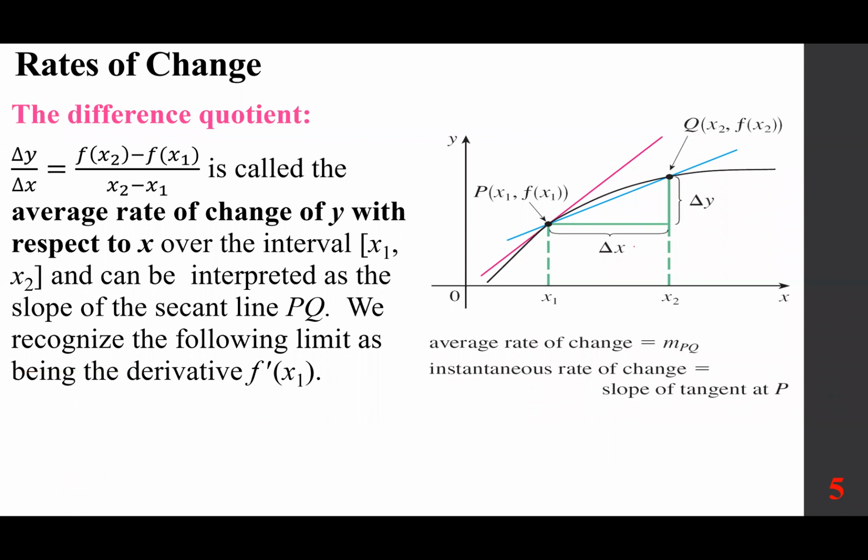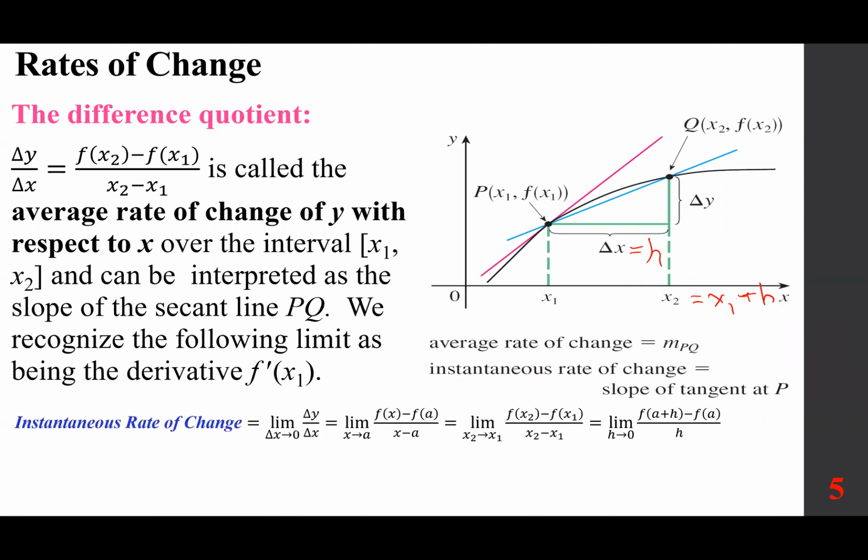We can call this delta x or h, in which case x sub 2 becomes x sub 1 plus h. What happens when delta x goes to 0 or h goes to 0 or x sub 2 goes closer and closer to x sub 1? It becomes the slope of a tangent line. And those are the same definitions.